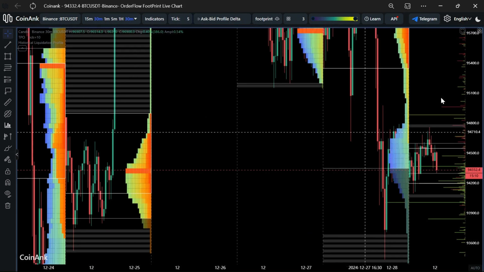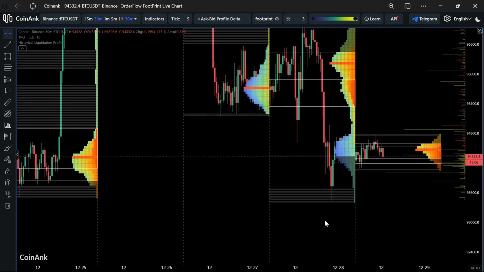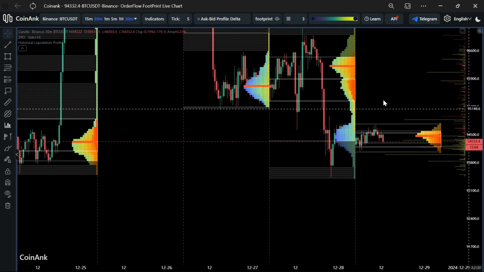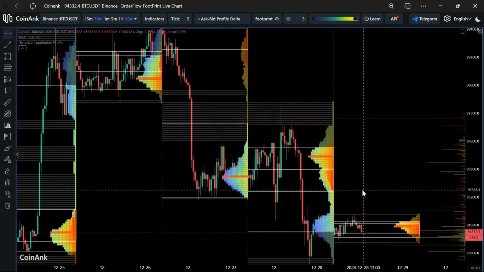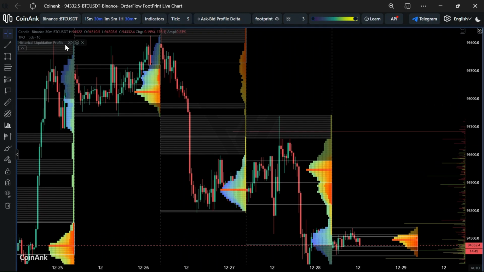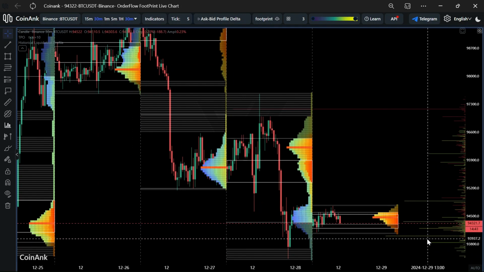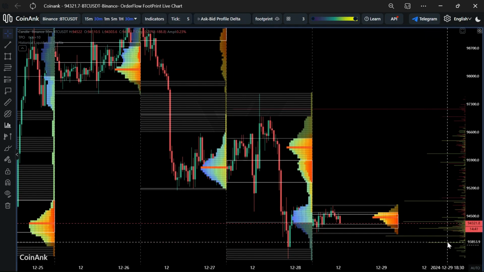Let's move on to the final market profile section. Here we have market profile / TPO and historical liquidations profile. Let's discuss liquidations profile. It shows past liquidations that happened on the price chart. The larger the liquidations, the more likely the reversal.